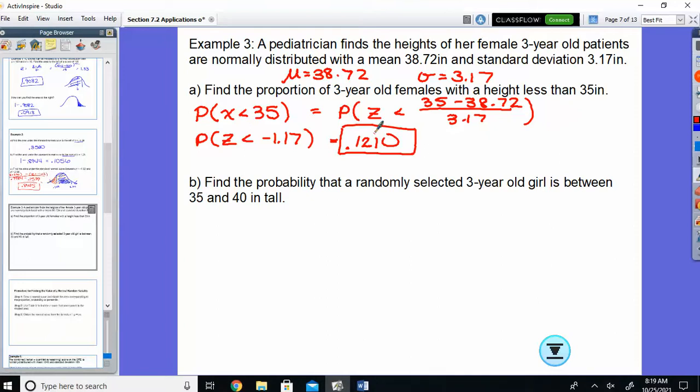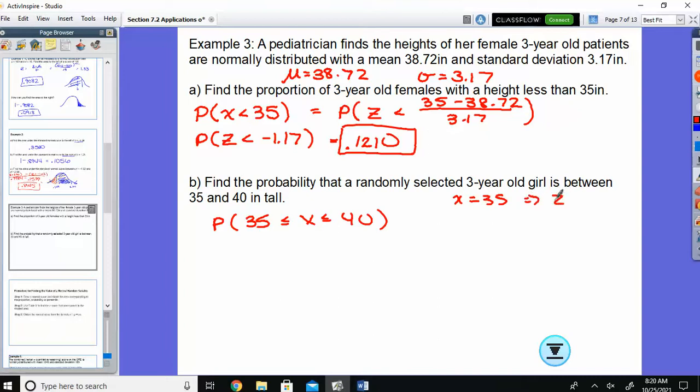So next one. Find the probability that a randomly selected 3-year-old girl is between 35 and 40 inches tall. So we need to be between the 35 and the 40. Okay, what do I have to do? We need the z's for both of those.